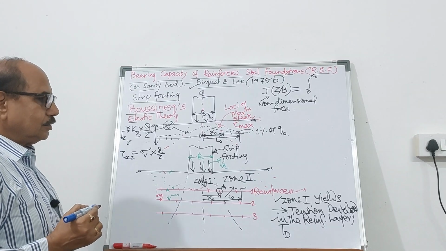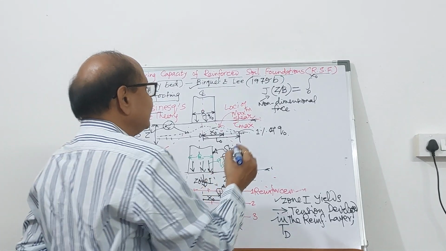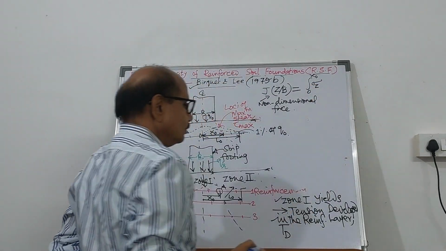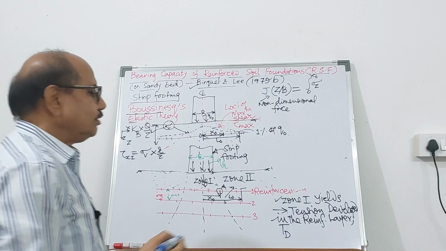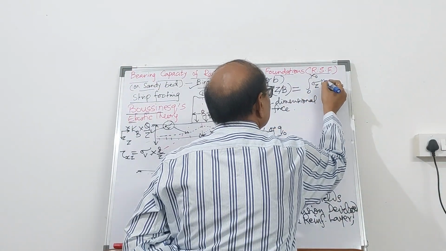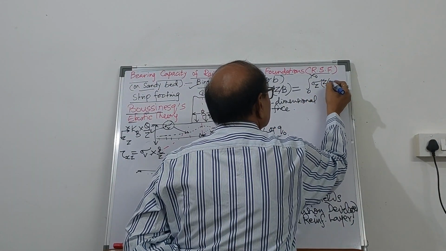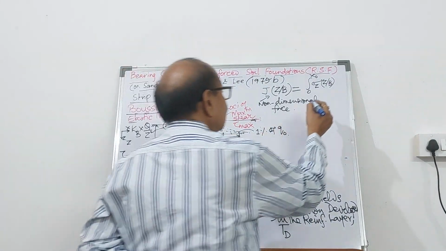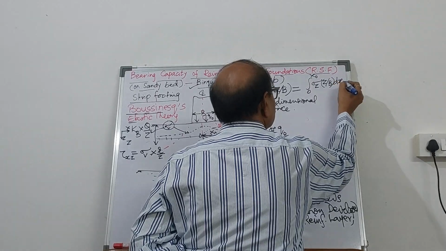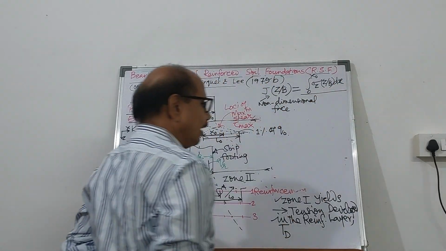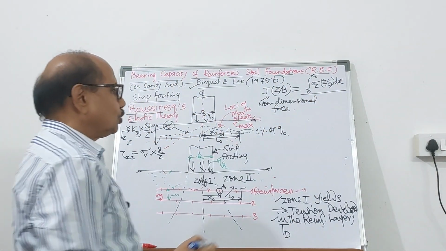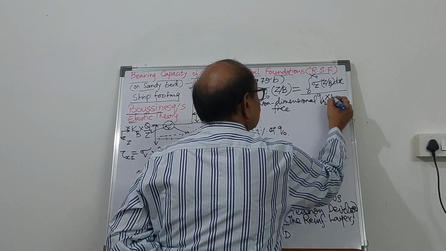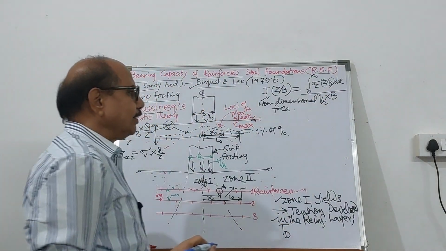Integral 0 to x naught of sigma z, or sigma v, the vertical pressure, which is a function of depth, dx integrated, divided by qr into b, the width of the footing.